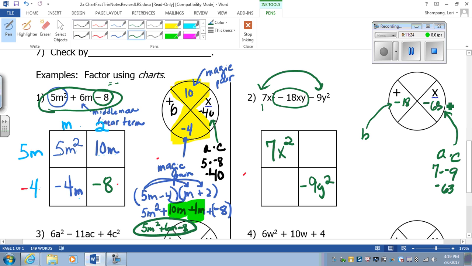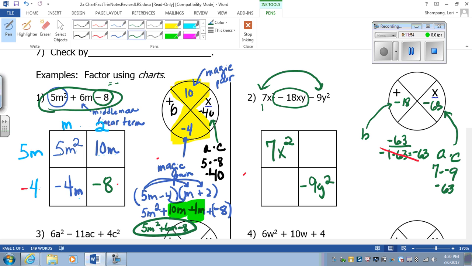Let's start off with negative 1 times 63, so that equals negative 63. But when you add negative 1 plus 63, you get 62. So this combination will not work. So let's keep going. Let's look at our prime factors first. What about 3? Negative 3.